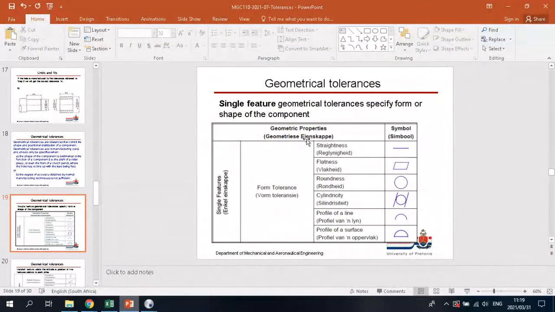So geometric tolerances, you have single feature ones, which control things like the straightness of an edge. So a ruler would be an example of that. When your company manufactures rulers, then you can specify how straight the ruler must be. It doesn't have to be so straight that it has a 1 micrometer variation.